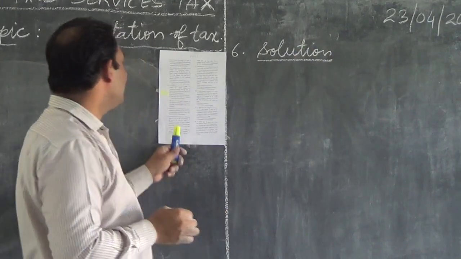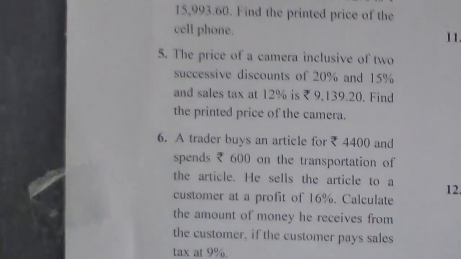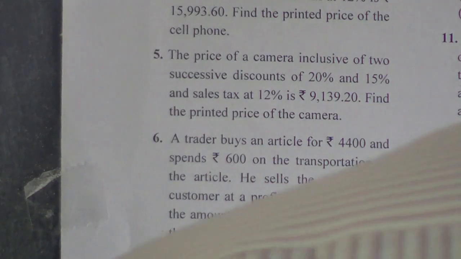Question number 6, you see. A man buys an article for 4,400. A man buys an article.